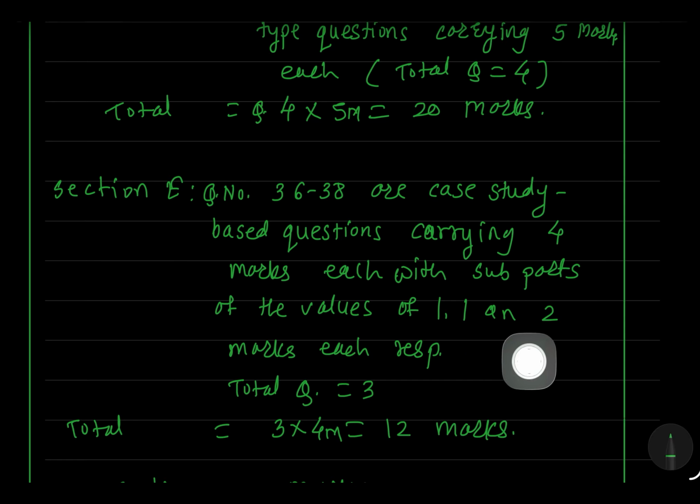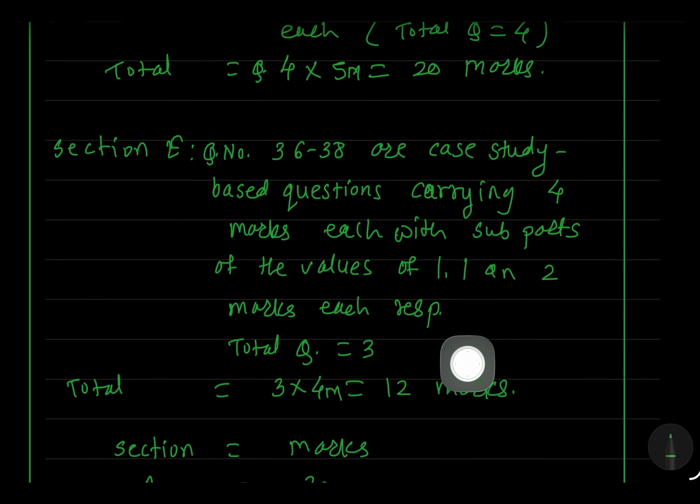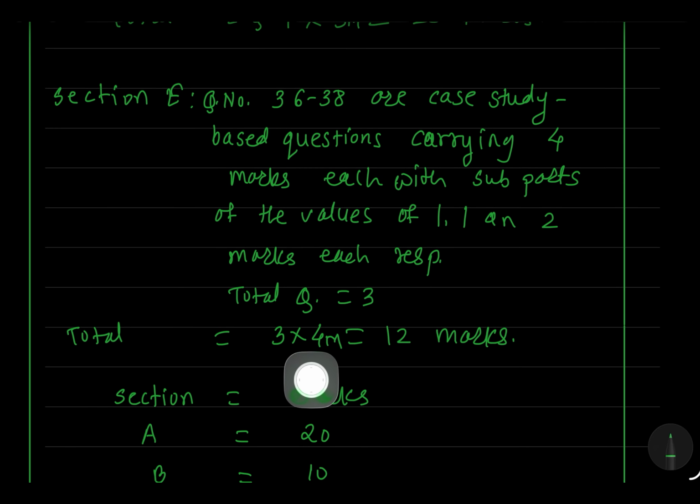There are 3 questions, and each has sub questions. The first 2 sub questions are 1 mark each, which makes 2 marks, and the third sub question is 2 marks, so the total becomes 4 marks. Each question is 4 marks. So there are 3 questions, 3 into 4, 12 marks.